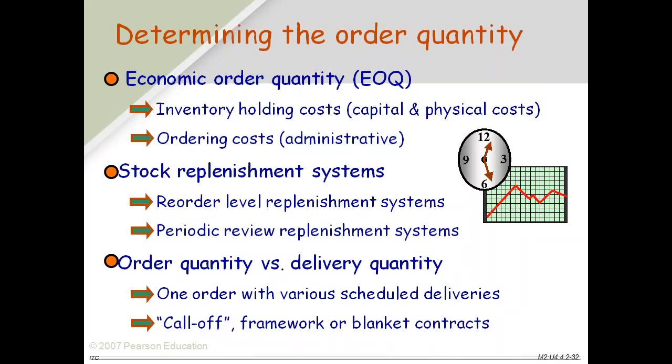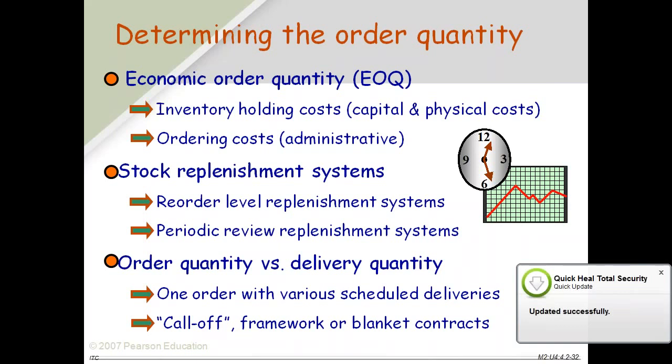But there's a term called EOQ. EOQ means economic order quantity. Those of you who have learned this in economics, there's a supply line, there's a demand line. The place where the supply and demand meet, that's what we call the economic order quantity.